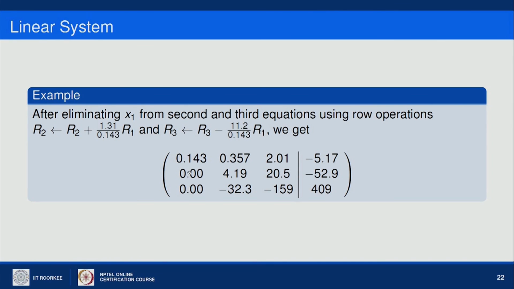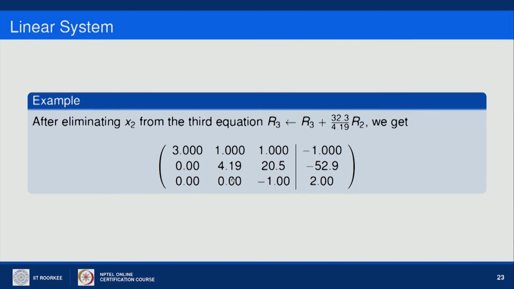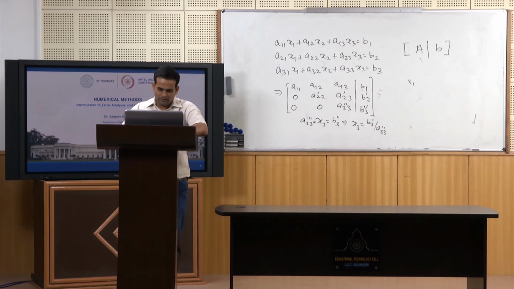These two entries are 0, and the other entries have also changed. Then I will make this particular term 0 with the help of the second row. I need to perform the operation R3 is replaced by R3 plus 32.3 upon 4.19 R2. From that I will get this one. Now you can see the coefficient matrix is an upper triangular matrix.